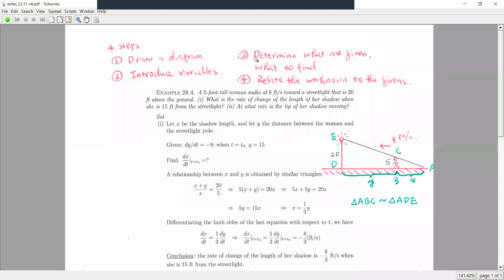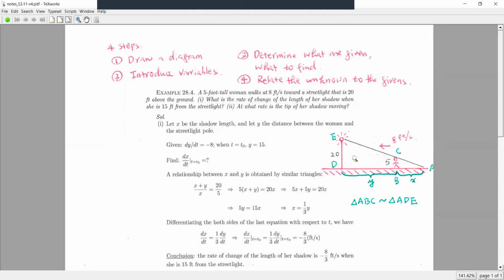Step 3. Determine what is given and what to find. The woman is walking toward the light pole at the speed of 8 feet per second. So the distance between the woman and the pole is decreasing at the rate of 8 feet per second.